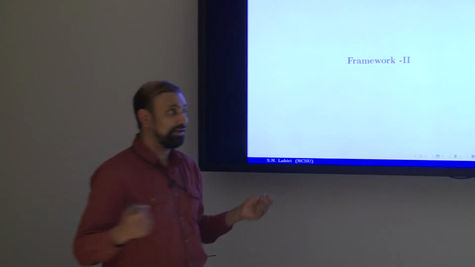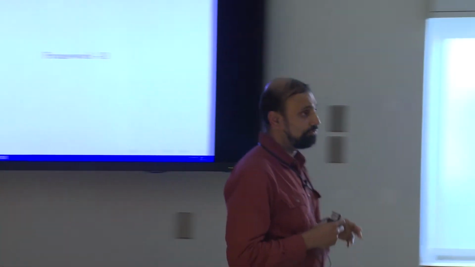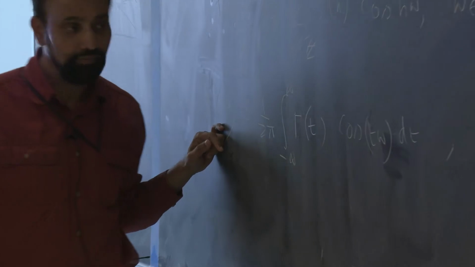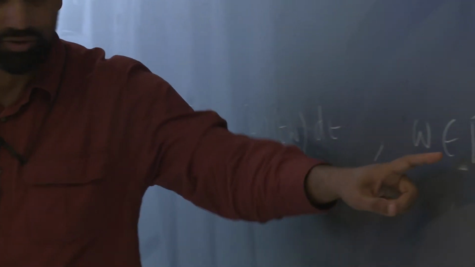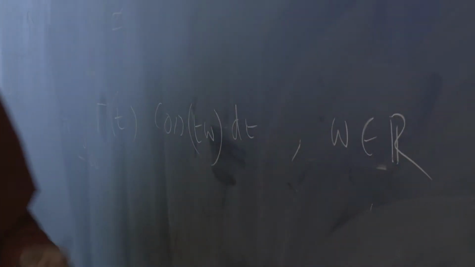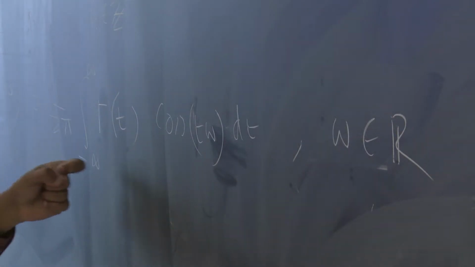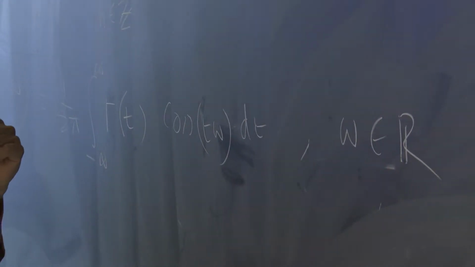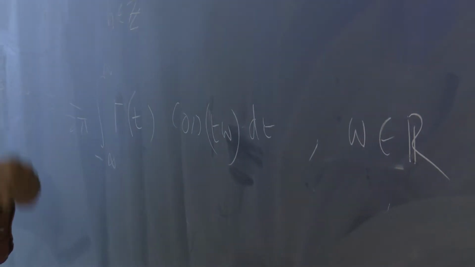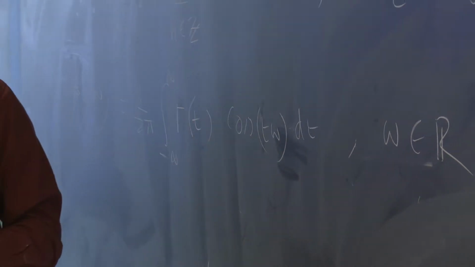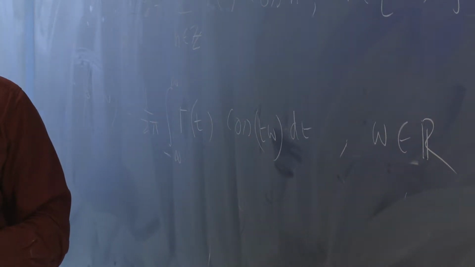And we are after this full function phi of omega, that is the spectral density, where omega runs over all of the real line. It also looks at gamma of t. T also ranges from minus infinity to plus infinity. And we should be able to come up with estimates of phi and gamma when we have unevenly spaced observations.